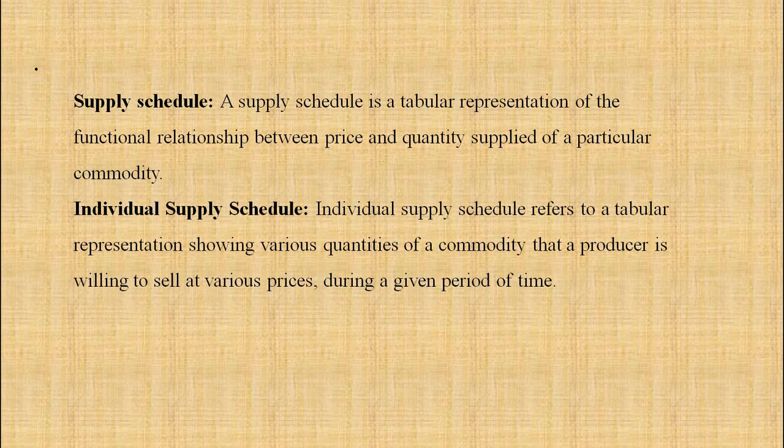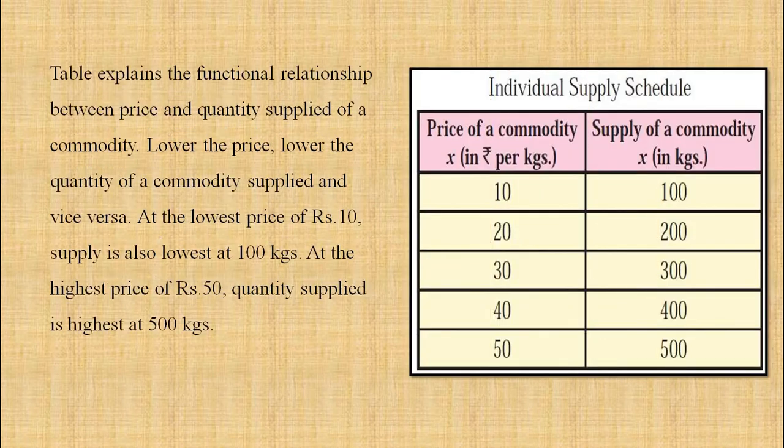Individual supply schedule refers to the tabular representation, tabular means table, showing various quantities of commodity that a producer is willing to sell at various prices during a given period of time.